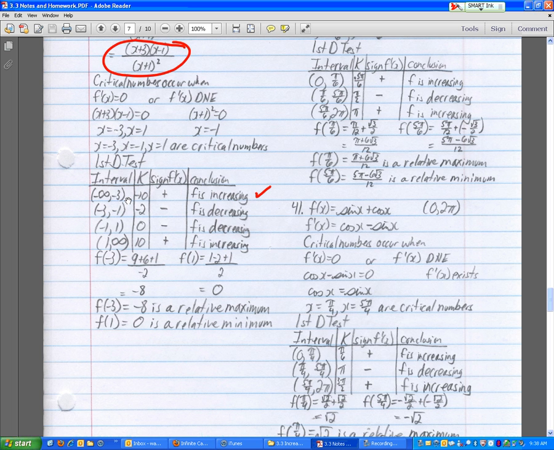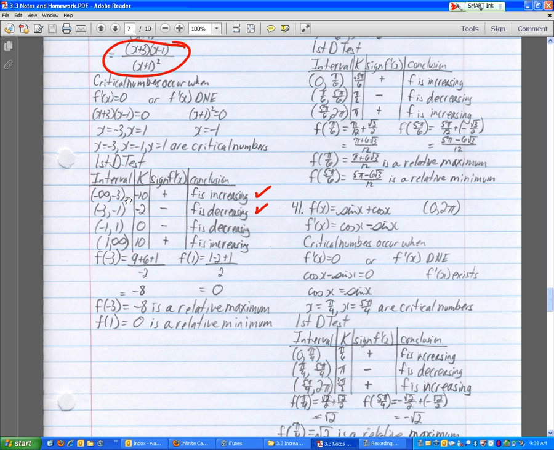I picked negative 2. I know for a fact that the function is either always increasing or always decreasing on that interval, because it can only change directions at critical numbers. So if I put negative 2 into the derivative, I get a negative derivative. That means the function is decreasing.